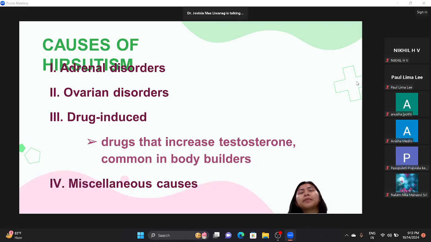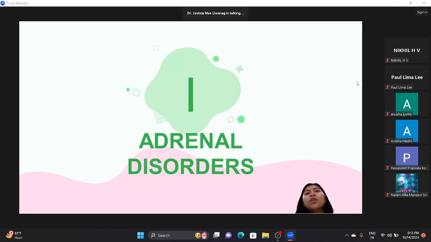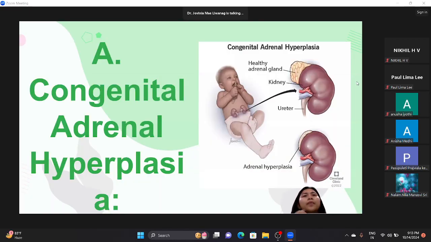So what are the causes of hirsutism? The common causes are adrenal disorders, ovarian disorders, and drug-induced causes, especially if the patient is a bodybuilder who abuses testosterone. There are also miscellaneous causes, which we will not tackle. Under adrenal disorders, the first one is congenital adrenal hyperplasia.